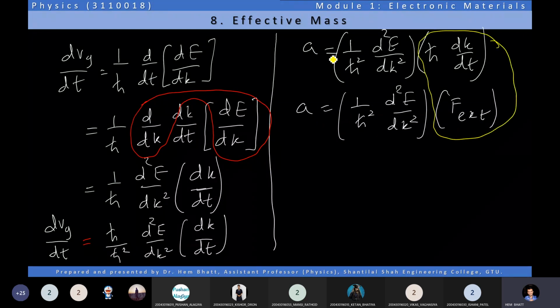Any explanation for this step? Just think and tell me. Any idea, any suggestion?